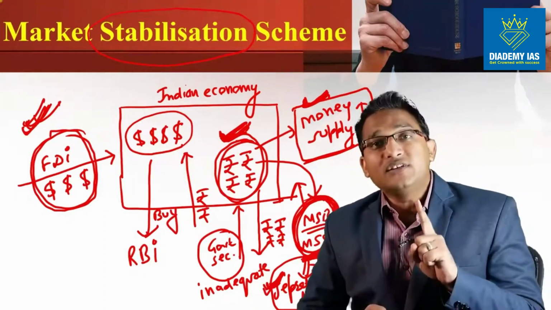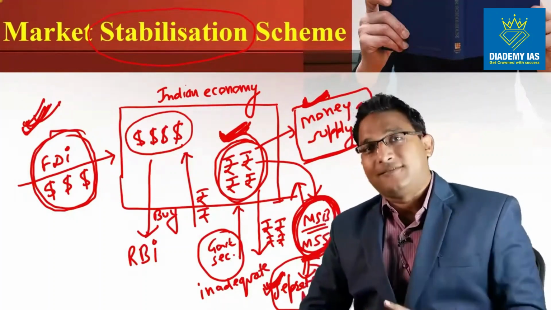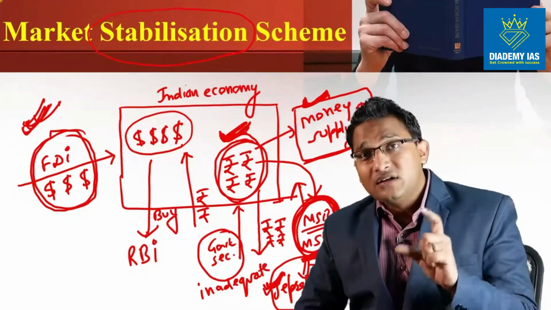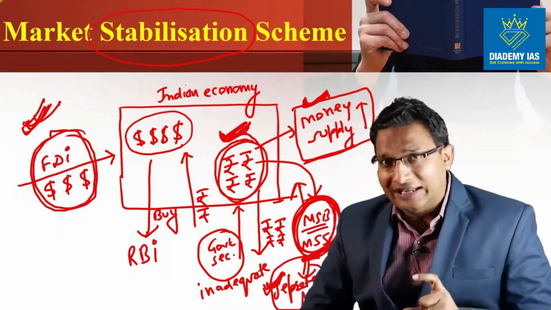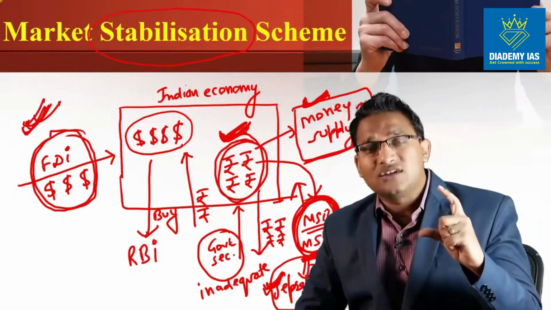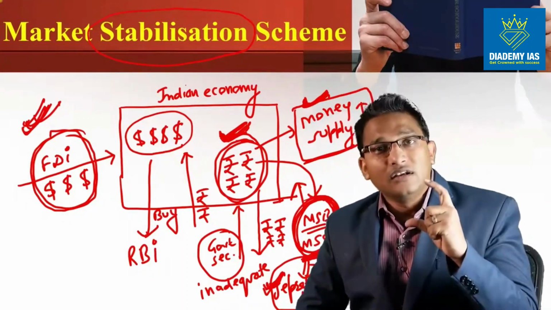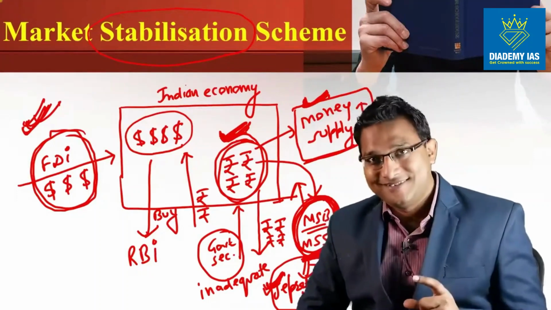The second time this market stabilization scheme was used was in 2016. So in 2016, which landmark event happened in the Indian economy? In the month of November, demonetization happened.